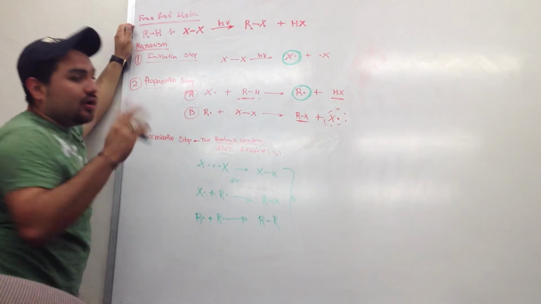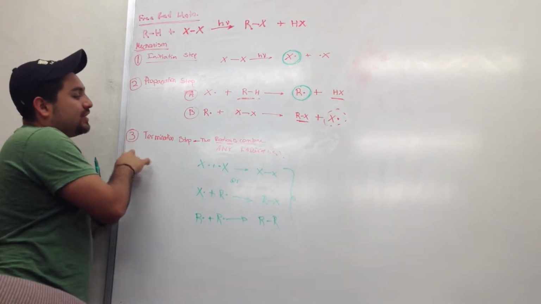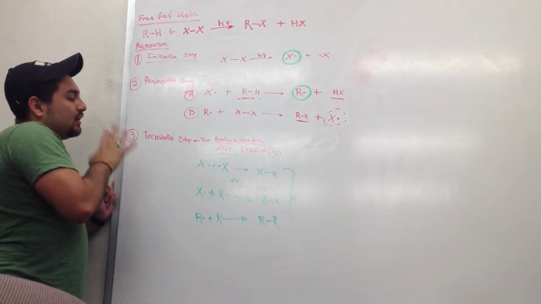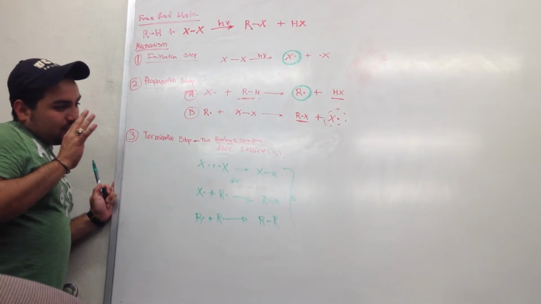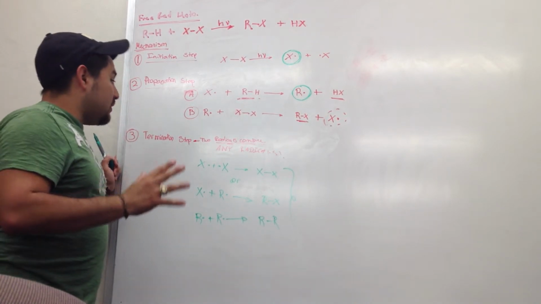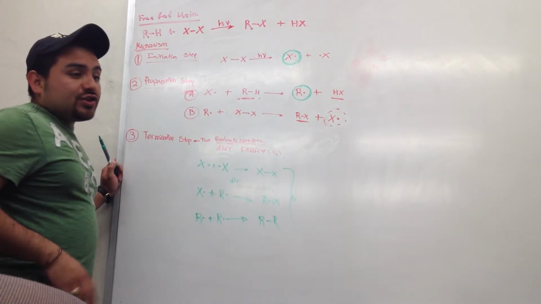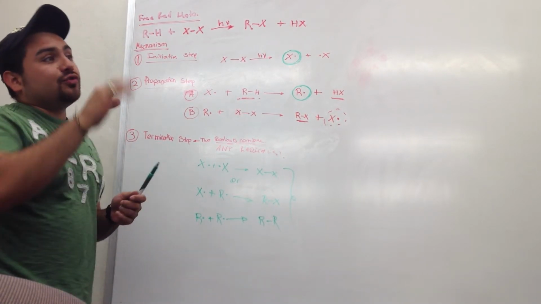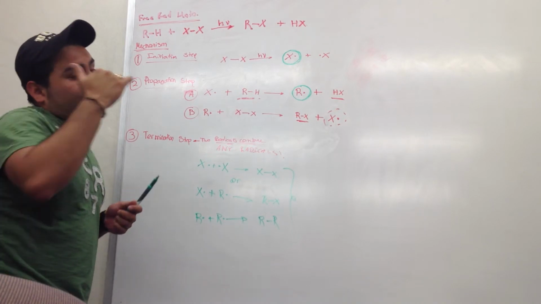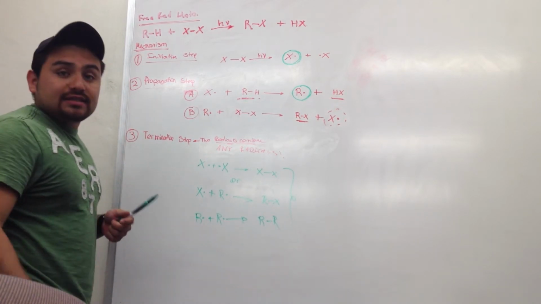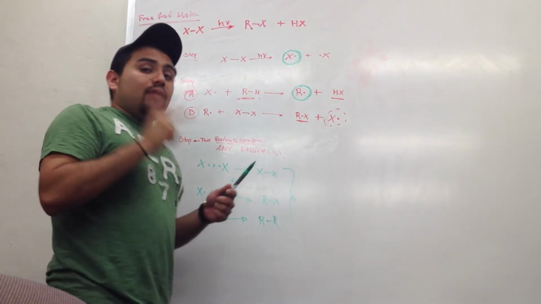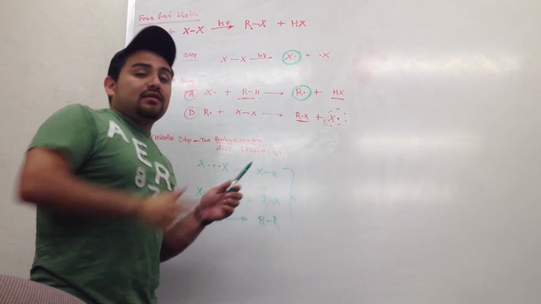Notice that the only way a termination step can occur is by combining two radicals. So if they ask you which of the following reactions involves the termination step, and you see two radicals on the reactant side, immediately you know that's the answer.